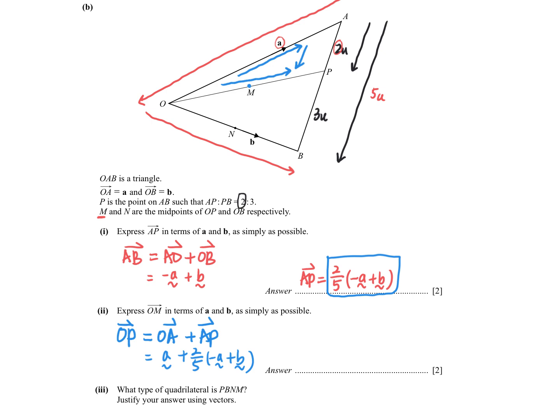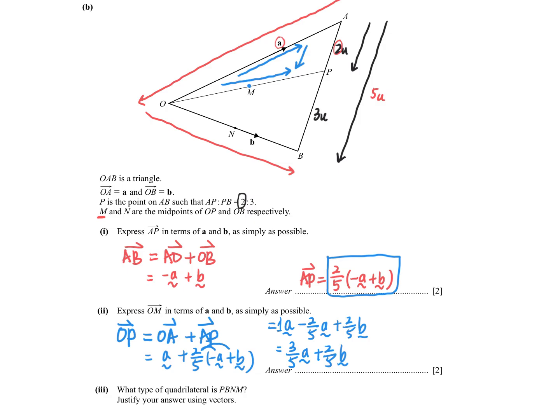So I go and simplify. Then 1 whole of A minus 2/5, left 3/5. So this is my OP.